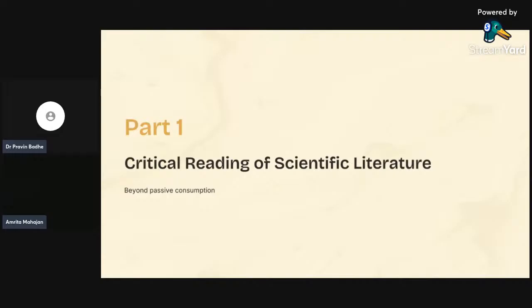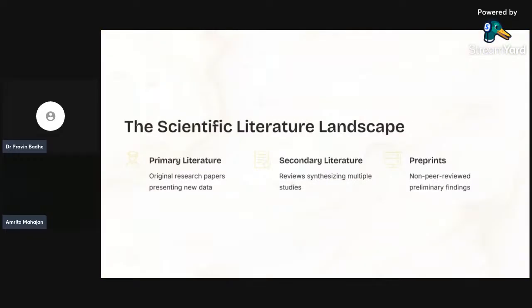Instead of asking what the paper says, you ask: is it reliable, is it valid, and is it relevant to my area of interest? This is how it works.